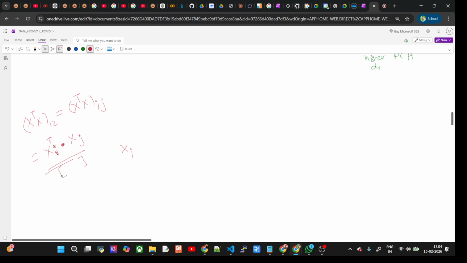But here, whatever xi data you have in the low dimension, and xj data in the low dimension, you are projecting to higher dimensions. So xi's higher dimension is phi of xi, and xj's higher dimension is phi of xj. Once you get these as input, you pass them in and calculate, because you need to calculate your eigenvector.